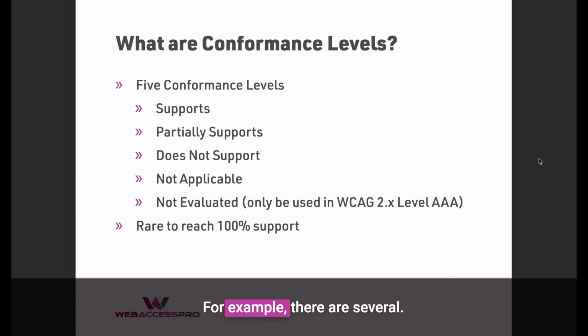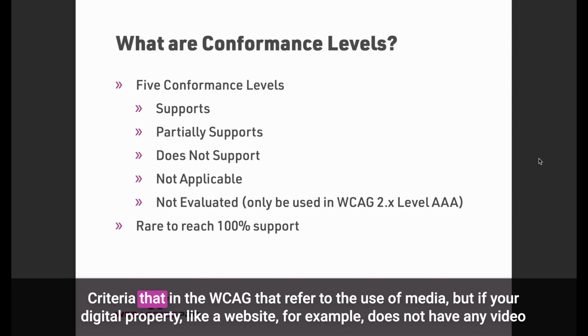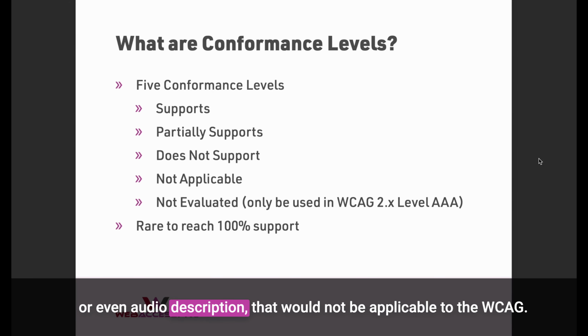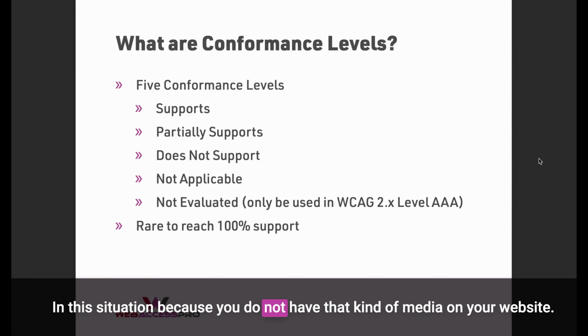This can occur, for example, where there are several criteria in the WCAG that refer to the use of media. But if your digital property, like a website, for example, does not have any video or audio media, then some of the criteria that has to do with making sure your media has transcription or your video has closed captioning or even audio description would not be applicable in this situation because you do not have that kind of media on your website.